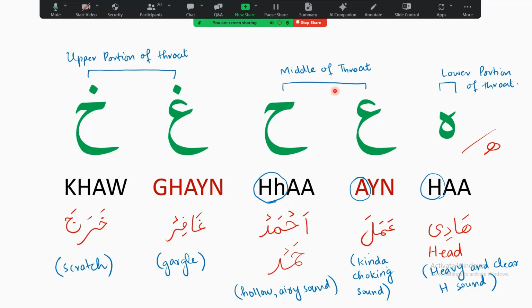At that point the muscles of our throat get tightened a bit, and we avoid the flow of air when we say this ayn letter, right? For this Ayn letter, we avoid the flow of air. And how do we do that? We constrict the muscles of our throat from the middle portion.